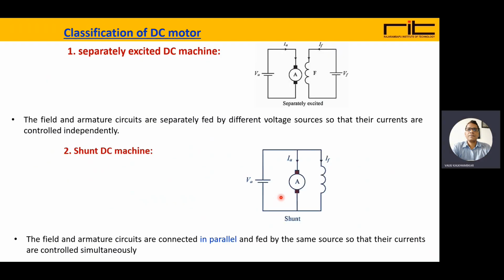The same things are classified here and discussed. In the separately excited DC machine, field and armature circuits are separately fed by different voltage sources as shown here, VF and VA, and currents are controlled separately. In the shunt machine, field and armature circuits are connected in parallel, as you can see here, and fed by the same source, so their currents are controlled simultaneously.